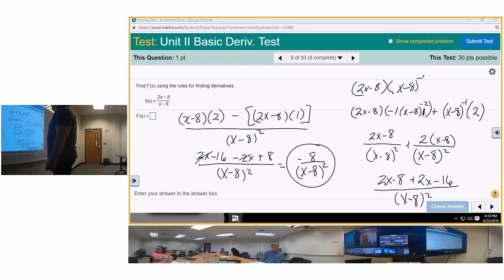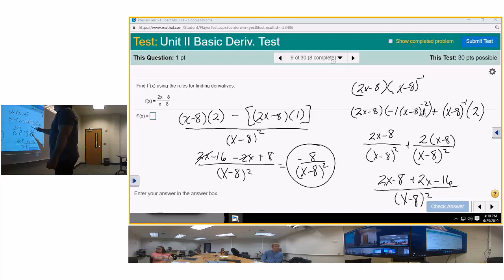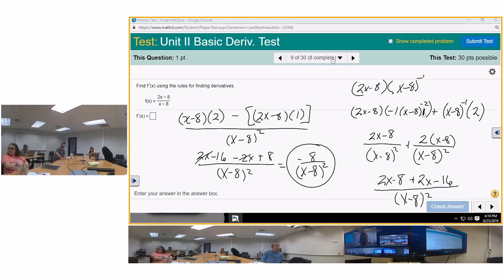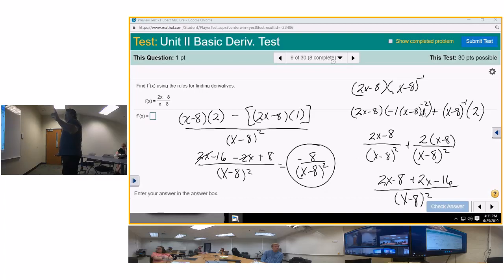That 2x minus 8 on the next line, the sign should be swapped, I think. Which one? The negative on the next line, the negative 1 times 2x minus 8, I think. Right here. Hold on a minute, just let me look at it. I appreciate it. Thank you.